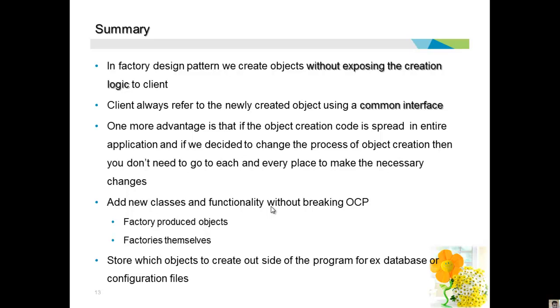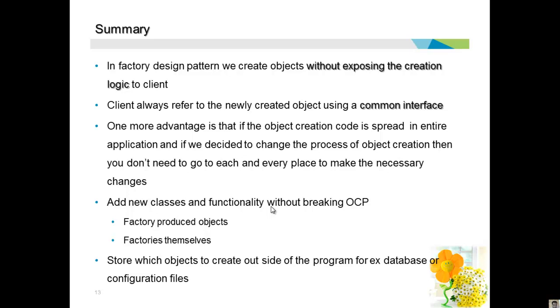So in a nutshell, when you look back at the last half an hour, whatever you learned, the factory design patterns, by using them we create objects without exposing the creation logic to the client. The client always refers to the newly created object using a common interface.